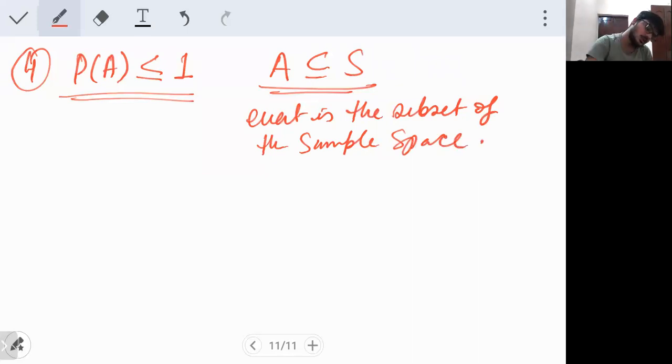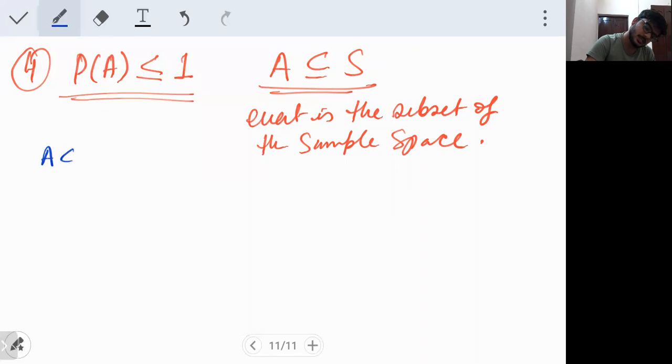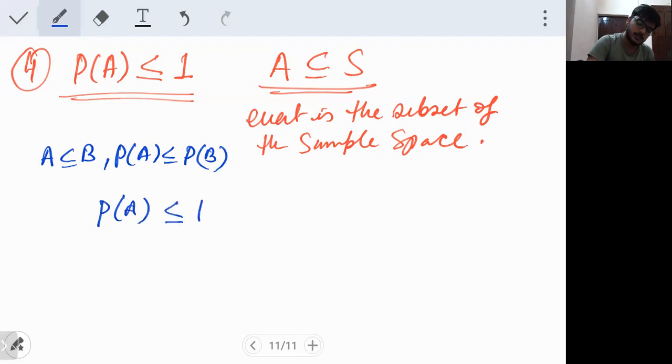And just now we discussed that if A is a subset of B, then the probability of A is less than or equal to the probability of B. Simply means from here, the probability of A will be less than or equal to the probability of the sample space.